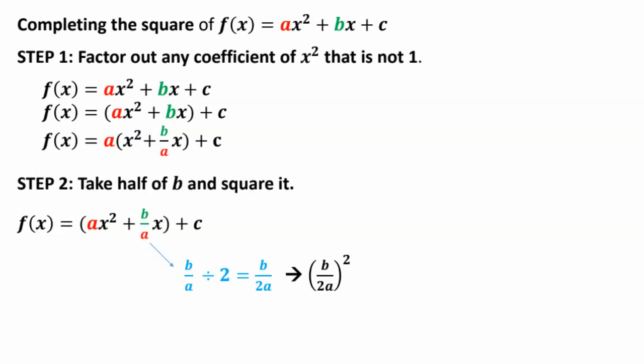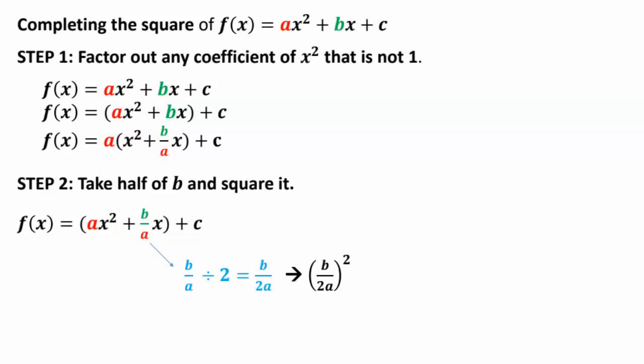So step 1, we need to factor out any coefficient of x squared that is not 1. So if a is not 1, we need to factor that value out so it becomes 1. And again, we are only going to factor it out of the two terms that have the x. You're not going to touch the c.